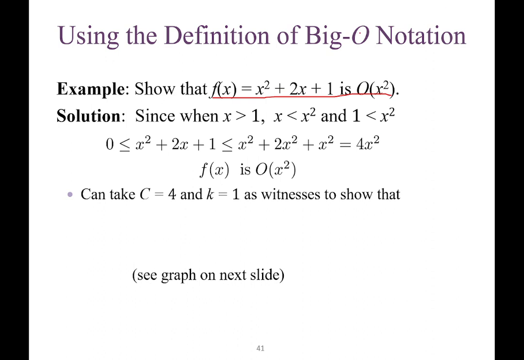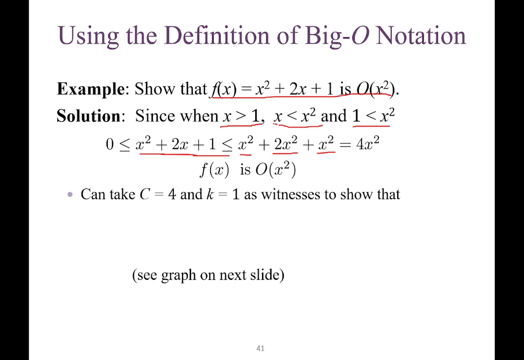Once we choose x larger than 1, then x is less than x squared. And of course, when x is larger than 1, then 1 is less than x squared. So we can replace these terms in the original f of x. X squared plus 2x plus 1 is smaller or equal to x squared plus 2 times x squared plus x squared.